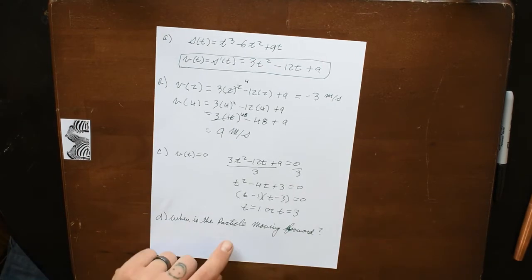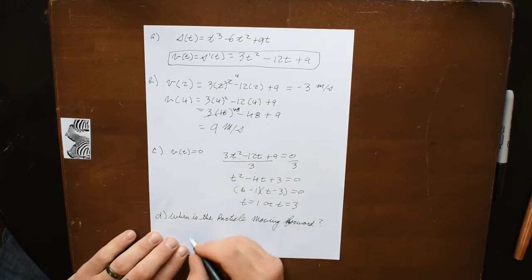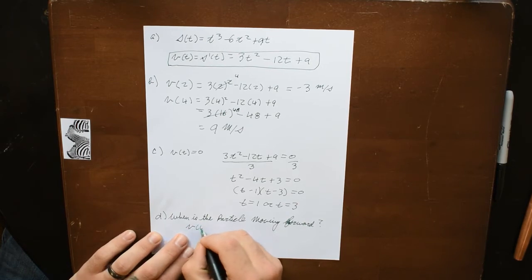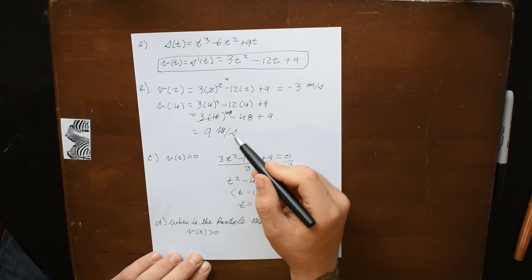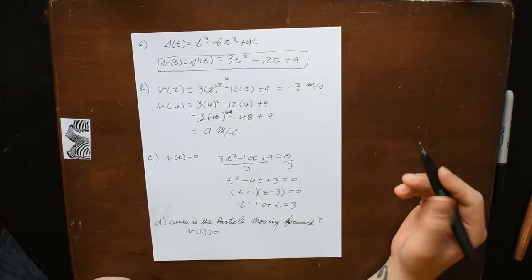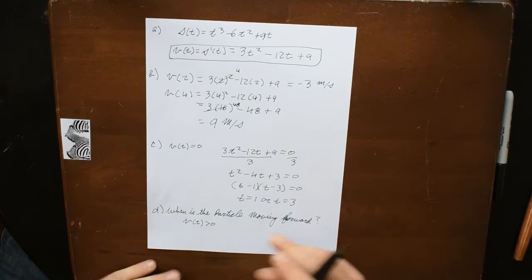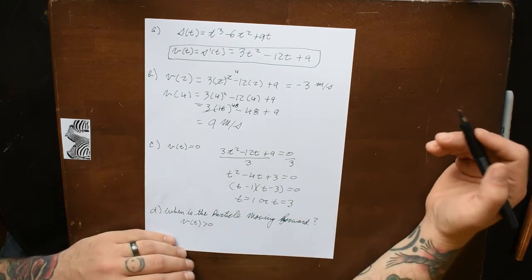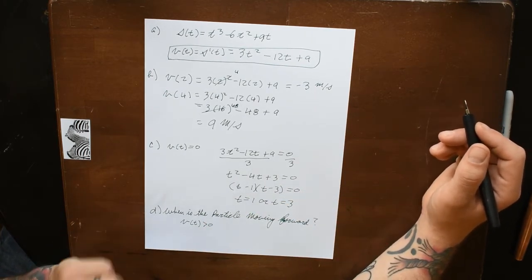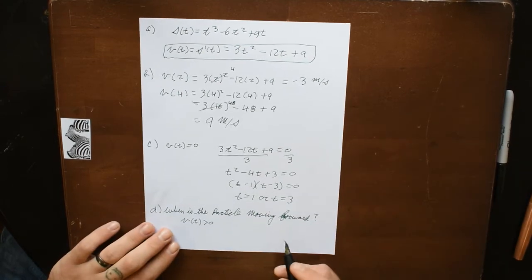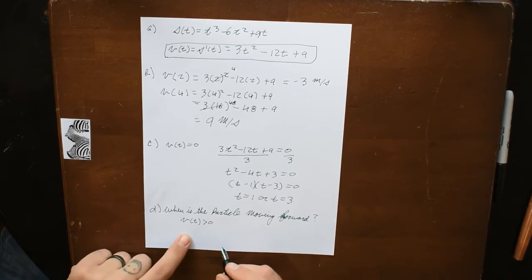Well, when is the particle moving forward is asking when is the velocity positive. When we have a positive velocity, we're moving forward. We are traveling away from the point that we started. But I want to be careful in saying that we are traveling away from the point we started.